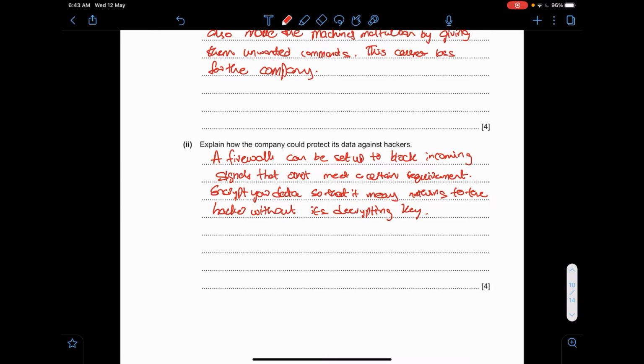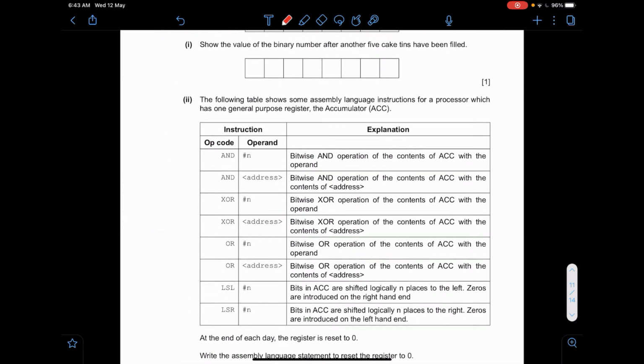You are describing 2 methods, with 1 mark for naming the method and 1 mark for what you can do with it. First is a firewall, the other is encryption. A firewall is set up to block signals that do not meet a certain requirement. Encryption means the data means nothing to the hacker because he won't have the decrypting key.